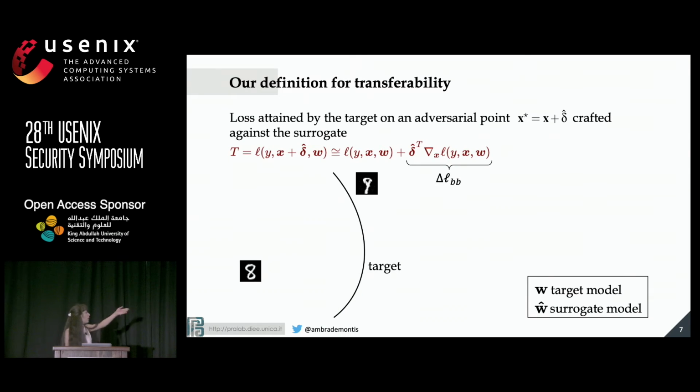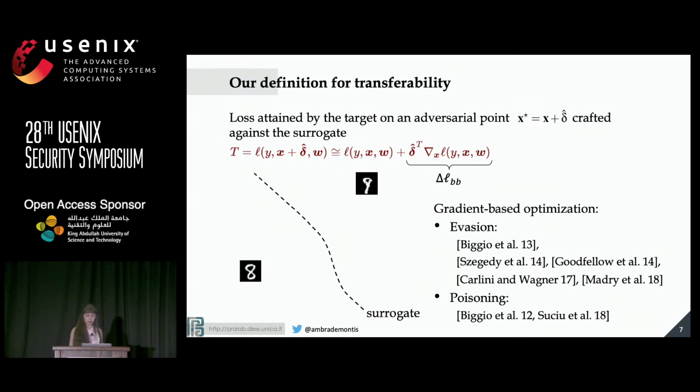So here we have our target, for example, and we would like to compute an evasion attack. We would like to have the test sample, an 8, misclassified as a 9. The attacker doesn't know the target, he knows just the surrogate. So what he can do is compute the attack against the surrogate. How can he do that?